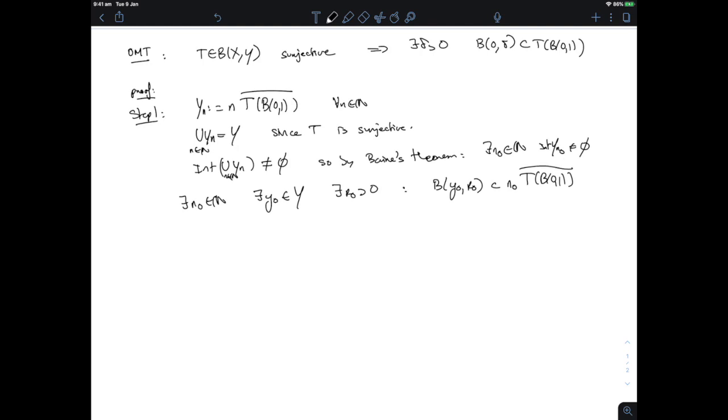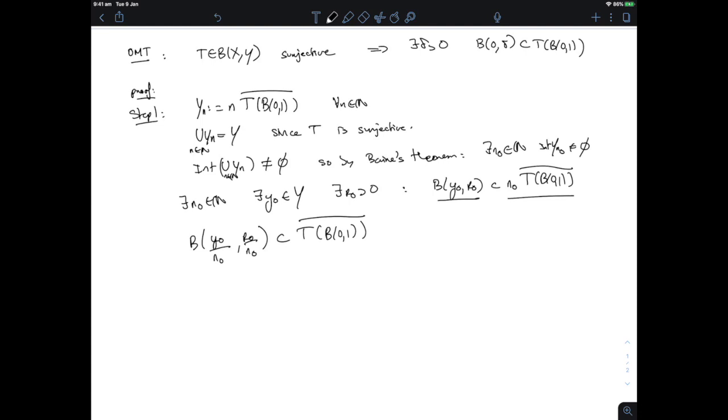Right, that's good. Now, if this ball is included in here, it also means that the ball centered at y_0 divided by n_0 of radius r_0 divided by n_0 is included in the closure of T of B(0,1), just by scaling.